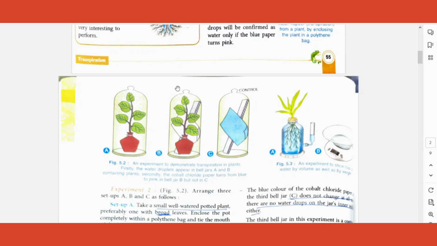Second setup, same thing you will observe. Other than that, one more observation would be that this blue cobalt chloride paper would turn pink. Why is that? Because that is the speciality of cobalt chloride paper. It turns pink in presence of moisture or water.